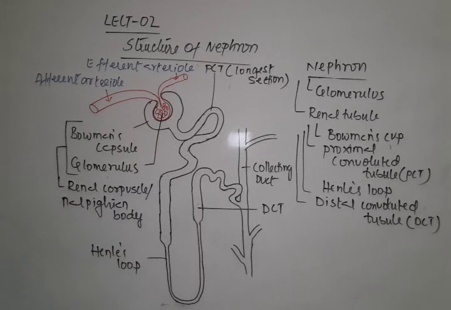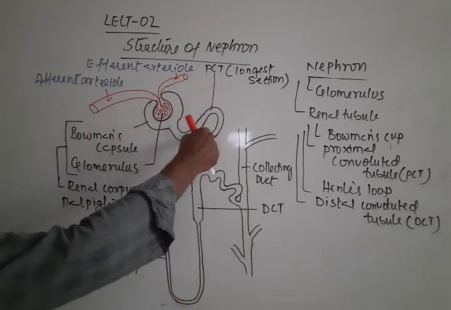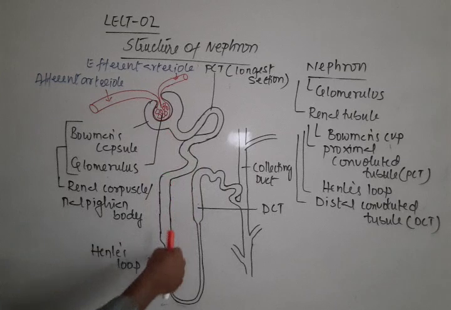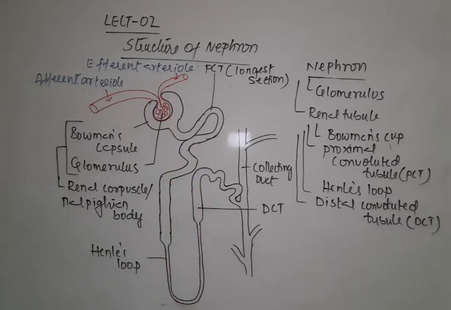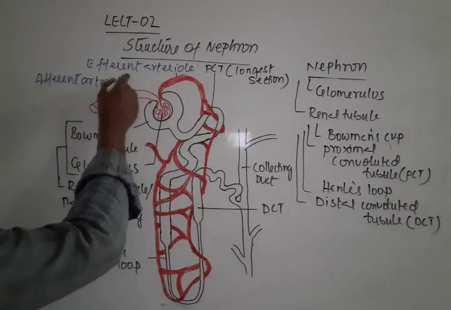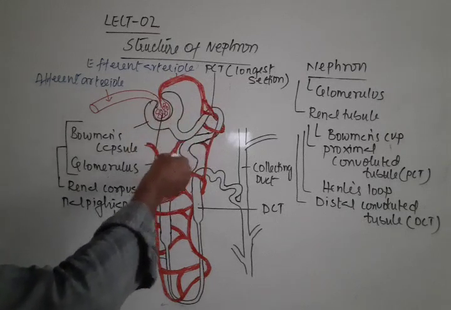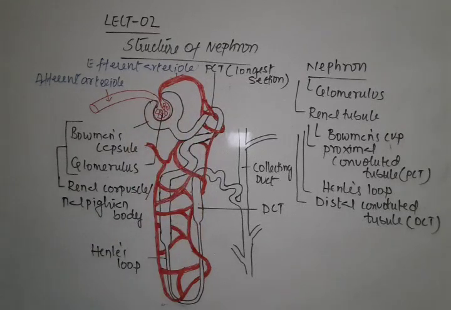Now this efferent arteriole will form a network on this PCT, the Henle's loop, and even on the DCT. Here we can see the efferent arteriole will form a network of blood vessels on the PCT, the Henle's loop, and even on the DCT.